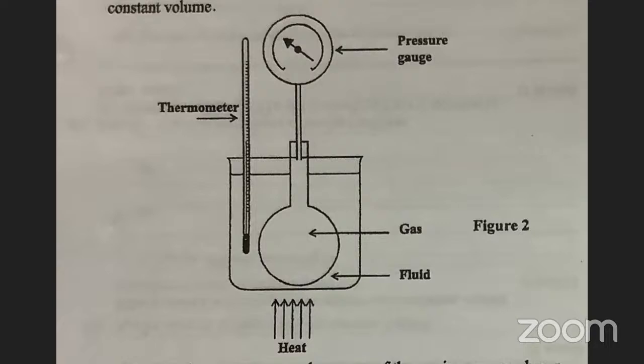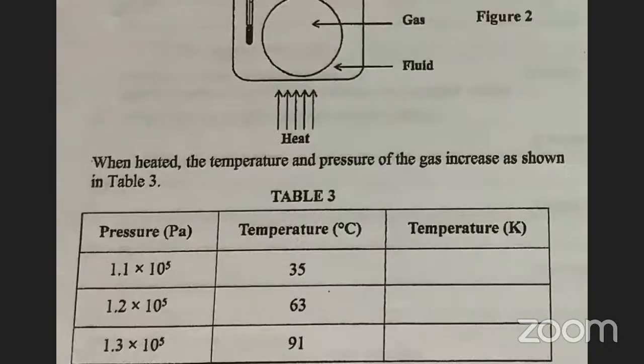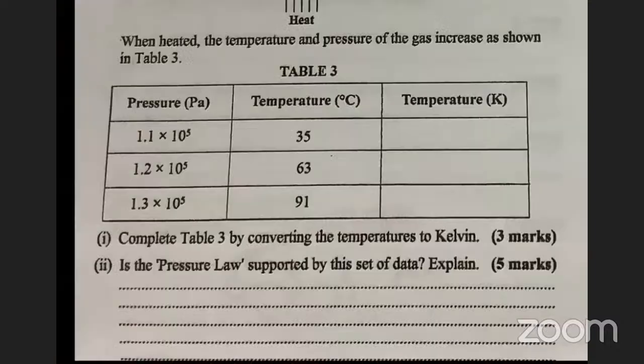Volume, right? Because the shape of the container is not going to change. You're going to heat it up, temperature will change, and you'll get a reading for pressure. So pressure and temperature are going to change. Okay? All right, so that's pressure law they're trying to test.